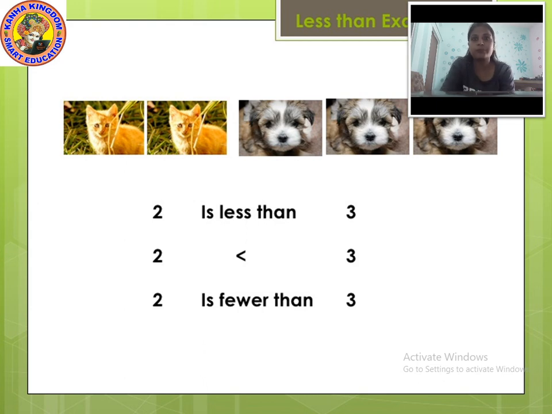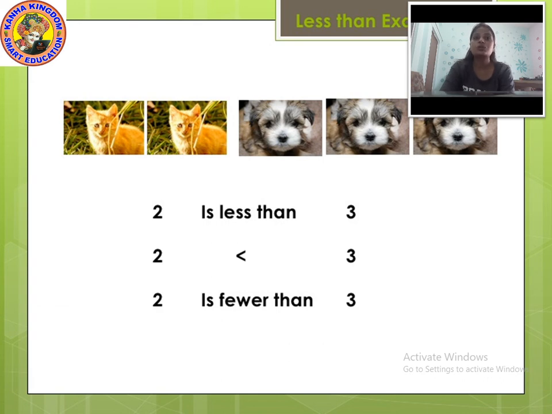Is 3 less or is 2 less? Yes, 2 is less, 3 is more. So what will we write? 2 is less than 3. Why? Because 3 is more than 2.